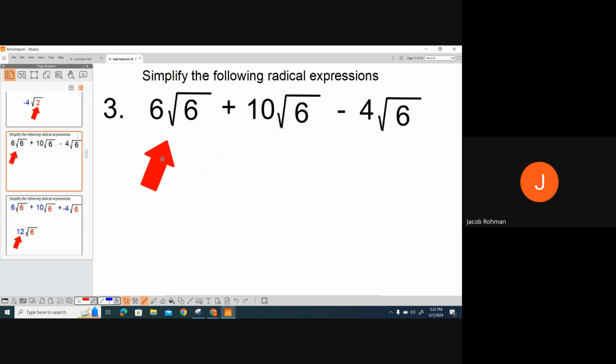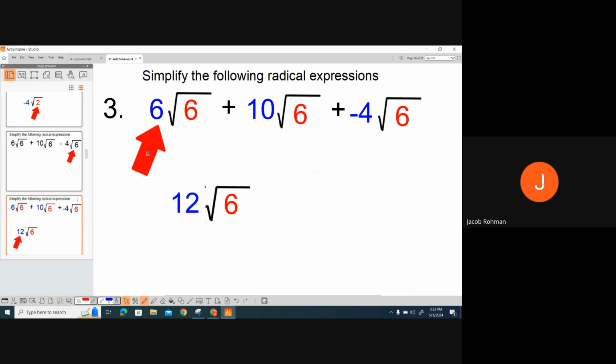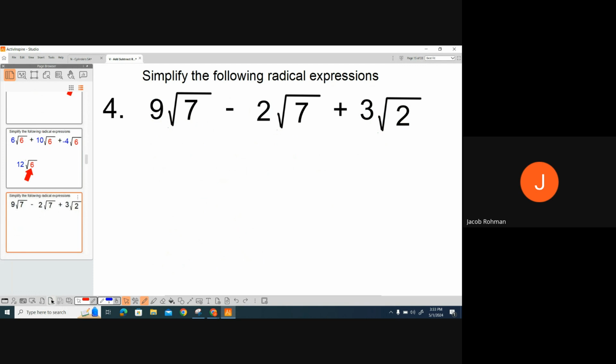Number 3, we have 3 radicals, and they all have a radicand of 6. So we take the coefficients of 6 plus 10 plus negative 4. We add those together to give us positive 12, and the radicand of 6 stays the same. So 12 root 6 is our simplified expression. In number 4, same kind of thing.